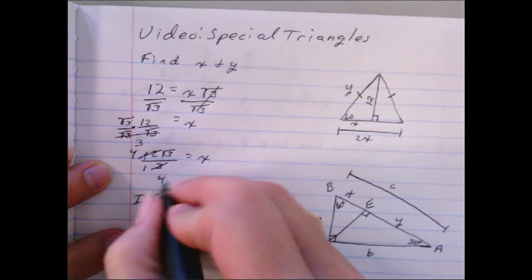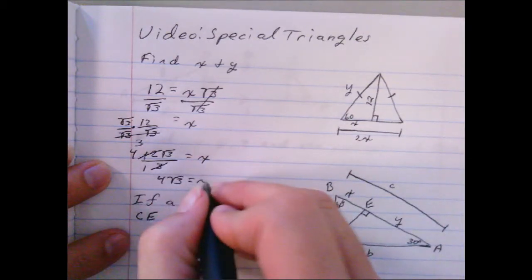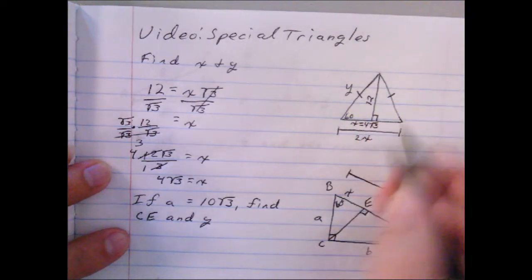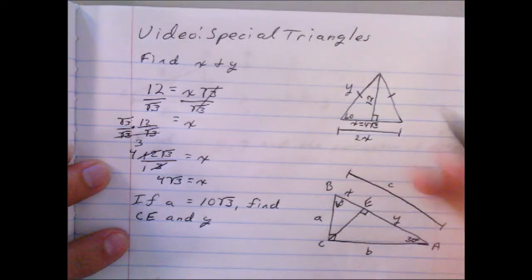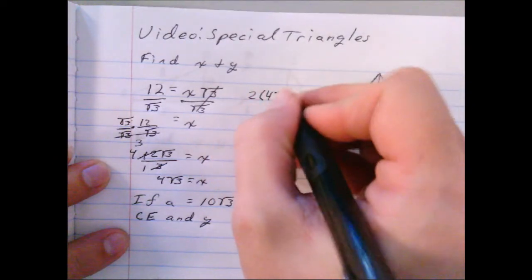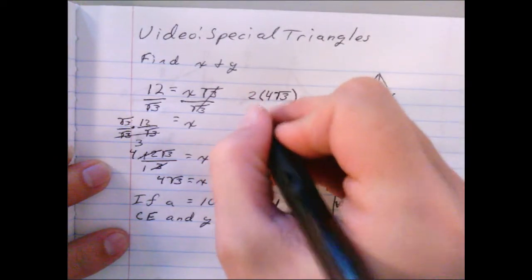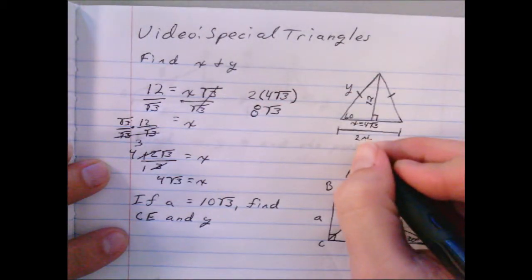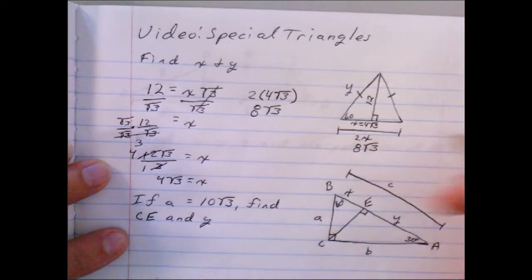So we end up with 4 square root of 3 equals x. That's this piece. So then if I want this whole length, I'm going to take that times 2. So 2 times my 4 square root of 3 equals 8 square root of 3. So this value is 8 square root of 3.